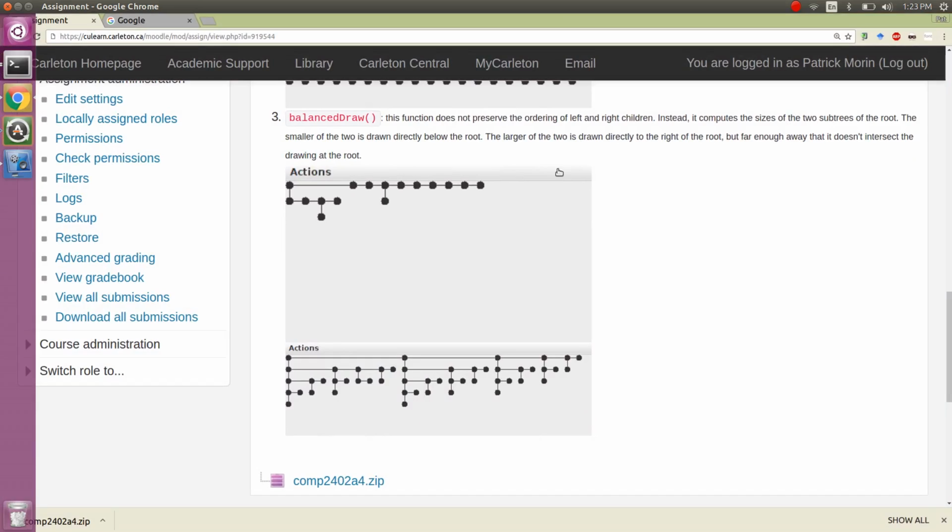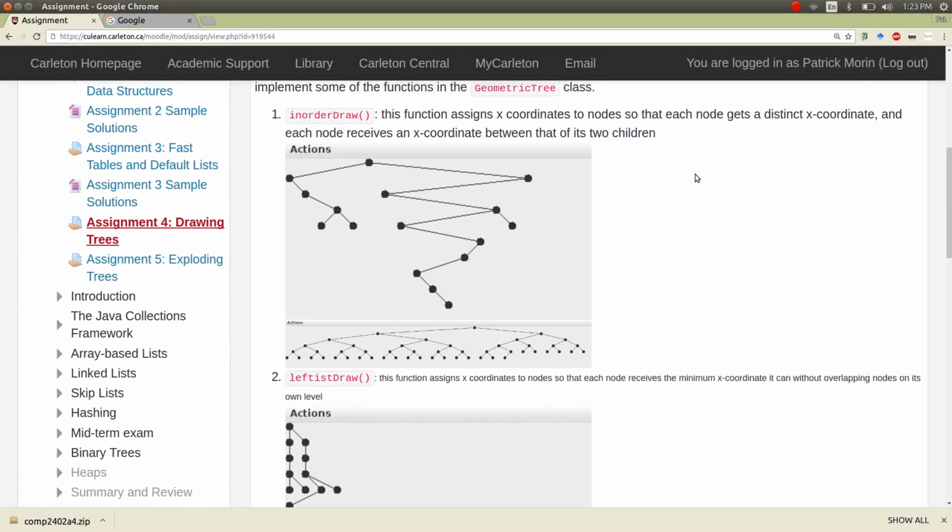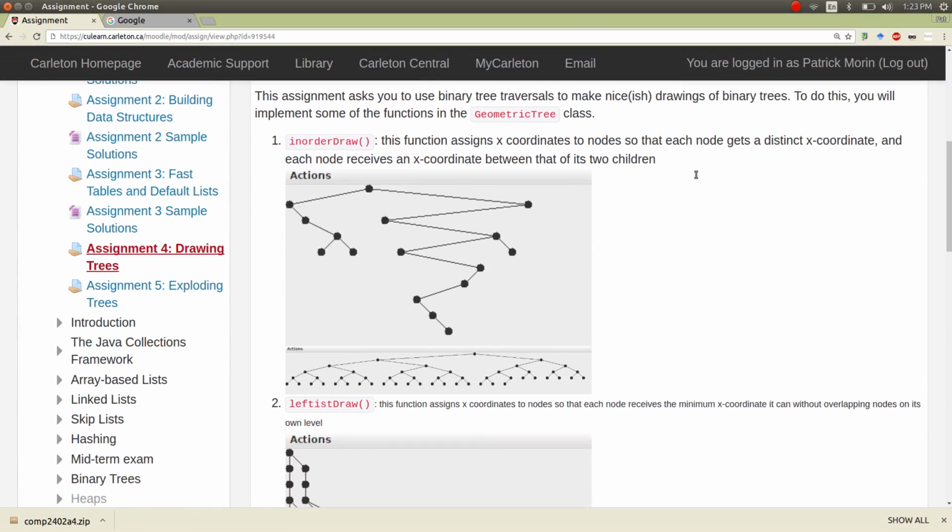One thing you will find is that, as is often the case with trees, it's pretty easy to write recursive versions of these functions that do what you want. If you're not careful when you do that, you will write functions that take a long time to execute on really large trees. We won't display them, but the server will try trees with like 1 million nodes or 100,000 nodes, drawing them using your code.